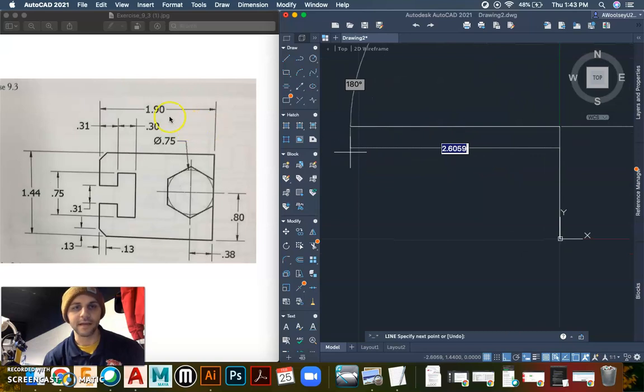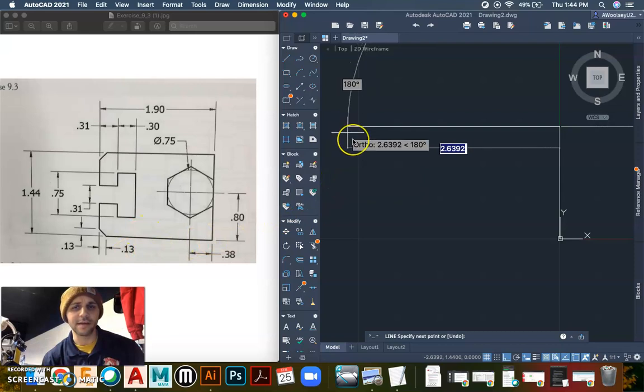left. Now most people make the mistake of going 1.9 to the left. But if we do that, we're actually too far, because that dimension is to the corner here, but it's actually a distance back to where this line is going to end. And it actually tells us on the bottom that it's 0.13 back. So 1.9 minus 0.13.